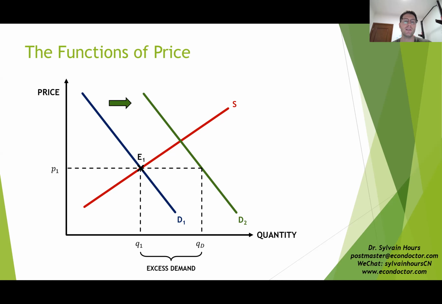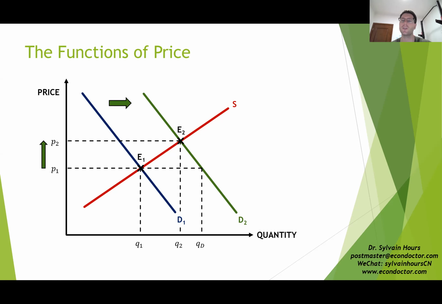And firms see that at that price, there are more people who want to buy my product than what I have to offer. So I can increase the price and I will make more money. Sellers have an incentive to charge a higher price. Buyers have an incentive to offer a higher price. So the price will go up, and we will eventually reach the new equilibrium price P2 and the new equilibrium quantity Q2.